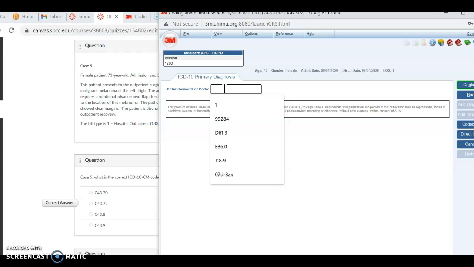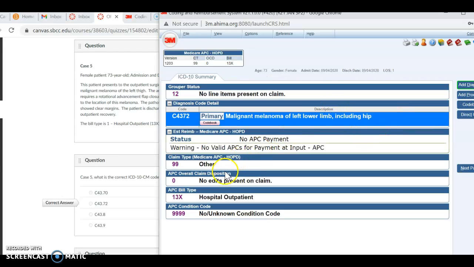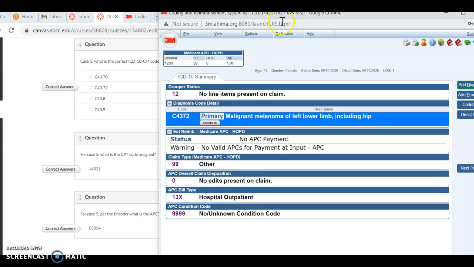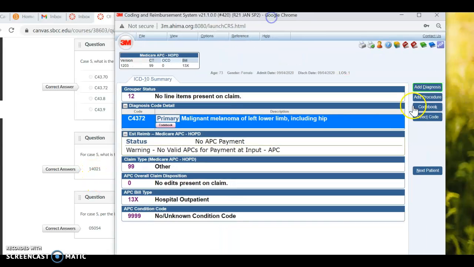I'm just going to go ahead and put in C43.72. All right, so let's go down here. Our CPT code, and I'm going to explain why it should be 14021.